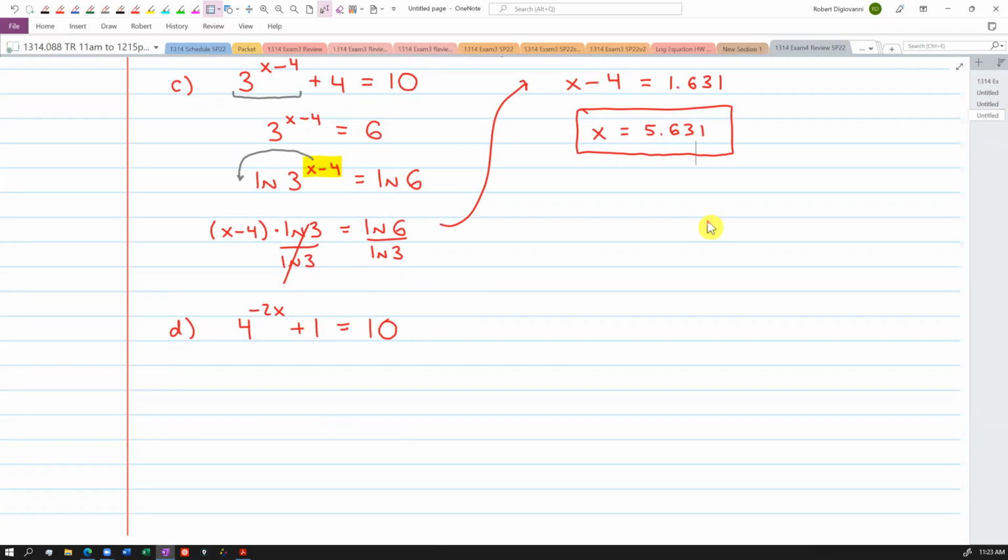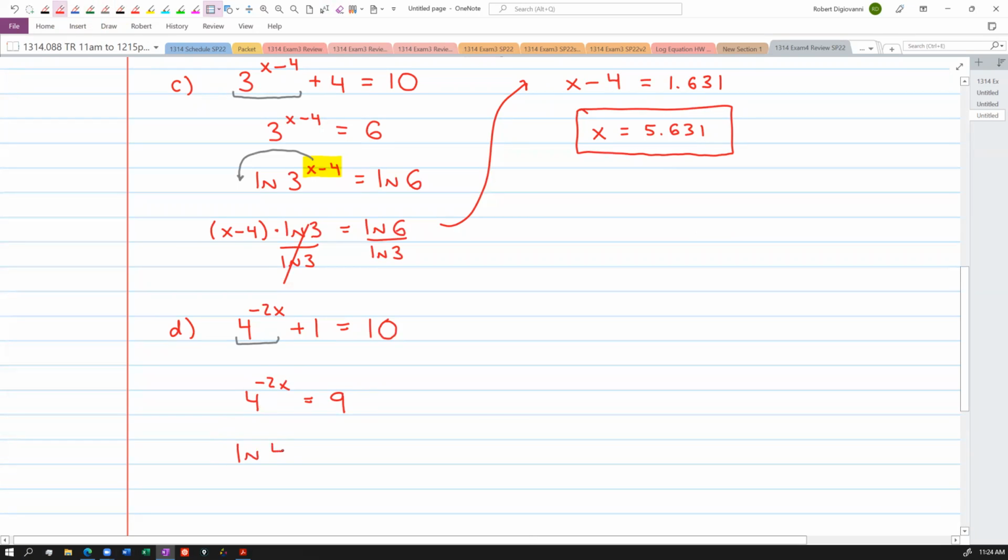All right. So here we go. Same sort of problem as we just had. We just want to isolate this piece right here. So we'll have to subtract 1 first. So 4 to the negative 2x equals 9. Then bring the natural log into both sides.